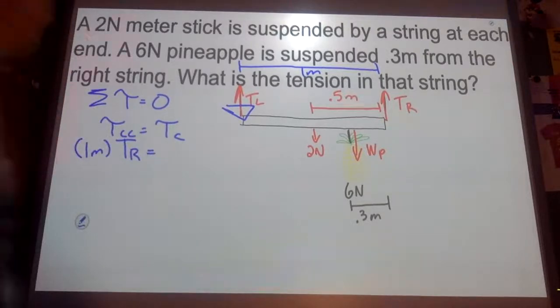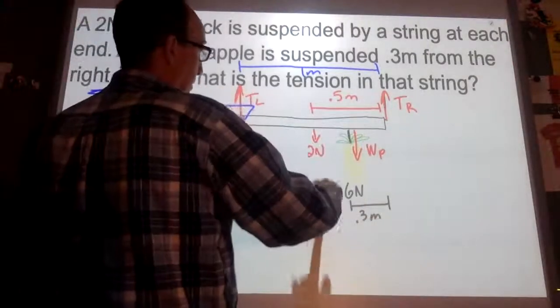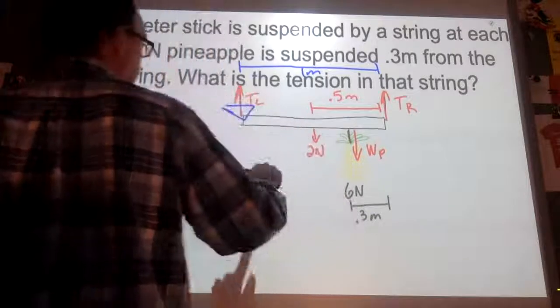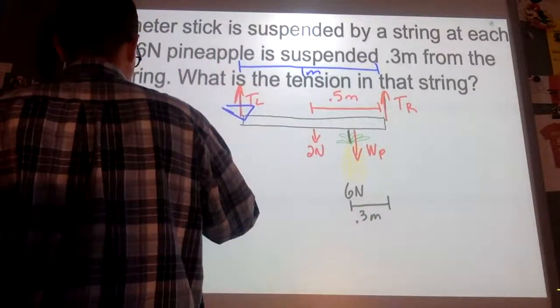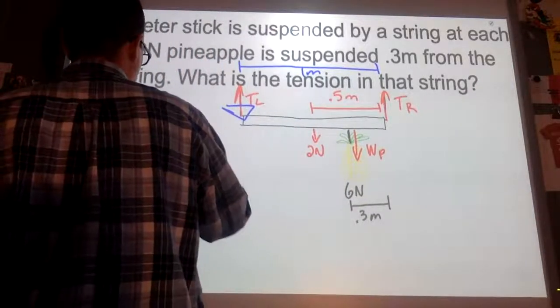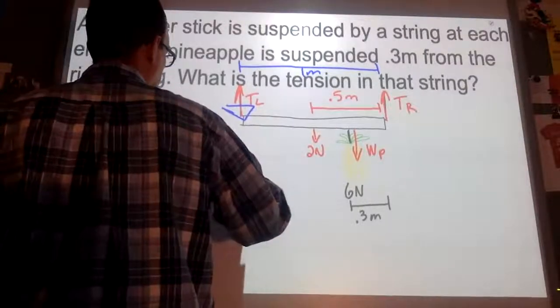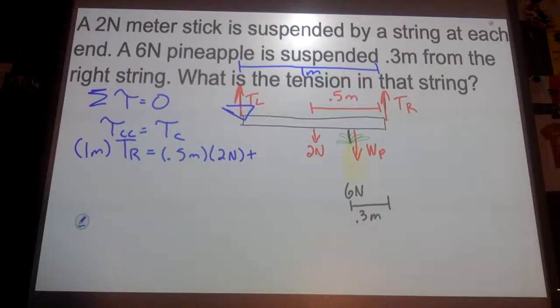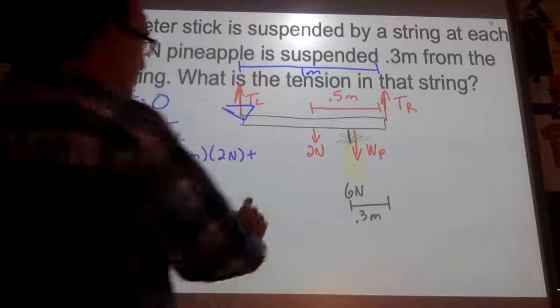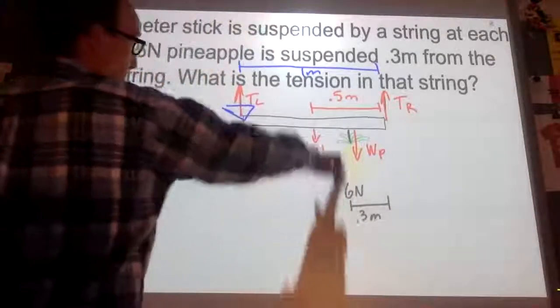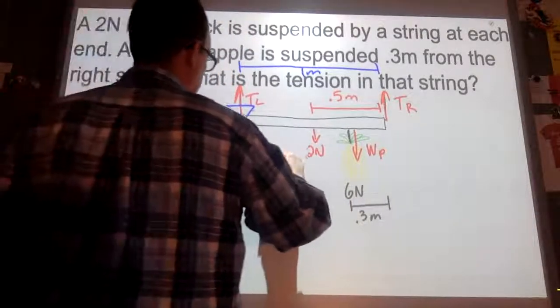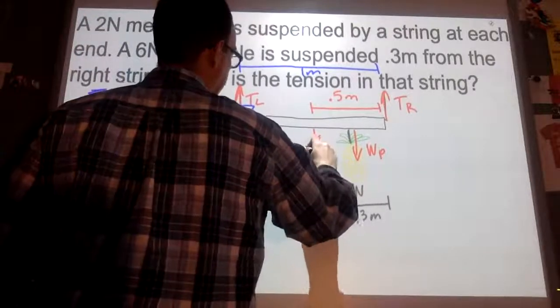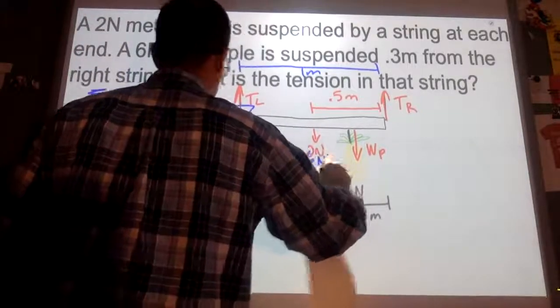This is going to be equal to my clockwise torques. It's going to be 2 newtons times 0.5 meters. So I'm going to consider all of the weight of the meter stick to be acting at 0.5, and the weight of the pineapple times how far it is from the fulcrum, which is going to be 0.7 if it's 0.3 from this one. So that's going to be 0.7 times 6.